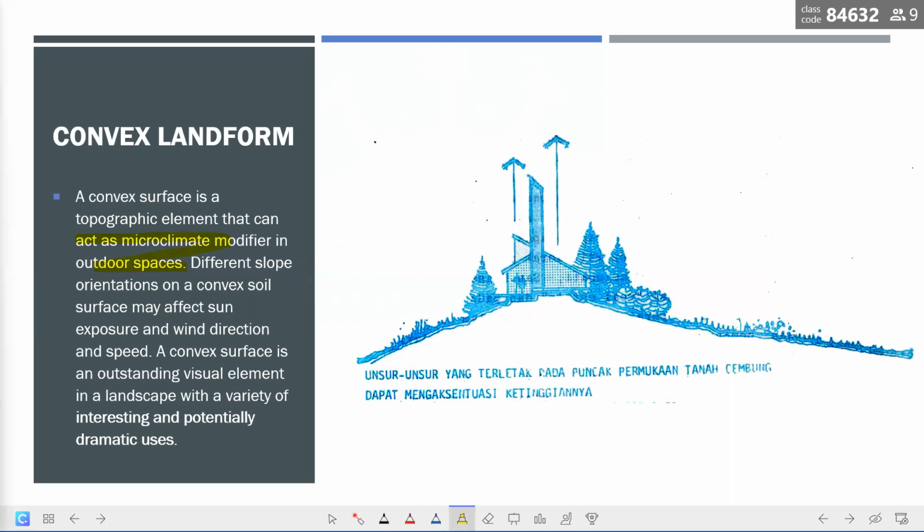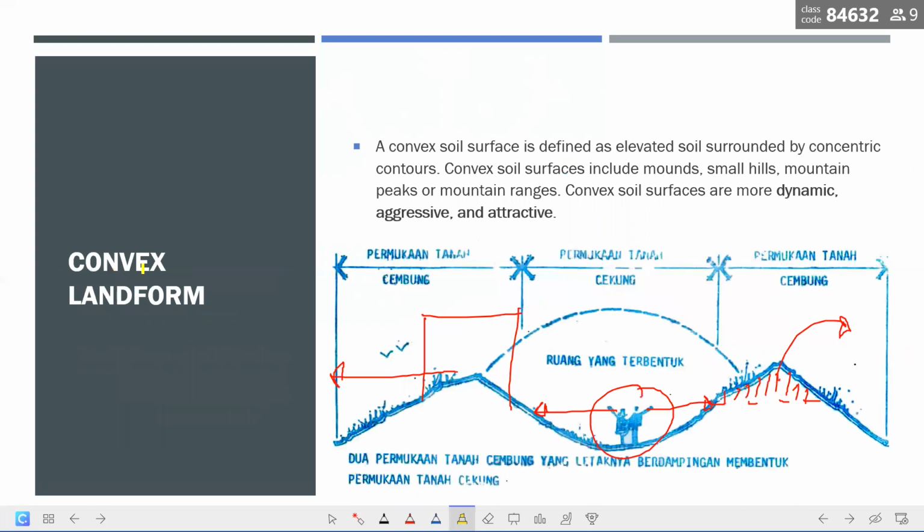How can that be? Allow me to illustrate. So, as a climate modifier, here you have two elevated spaces or protrusions that can provide you some shelter from unwanted winds, maybe.